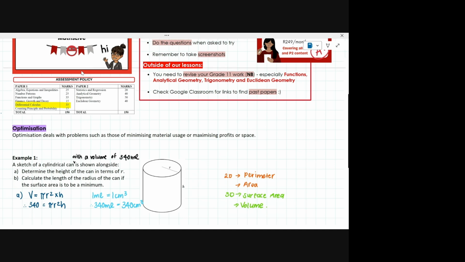Now remember the question said, determine the height of the can in terms of r. So we want height in terms of r. If you look at my equation, the only two unknowns I have are r and h, height and radius. I'm wanting to isolate my height, so I'm going to have to divide both sides by pi r squared, because that gets rid of it on the right.